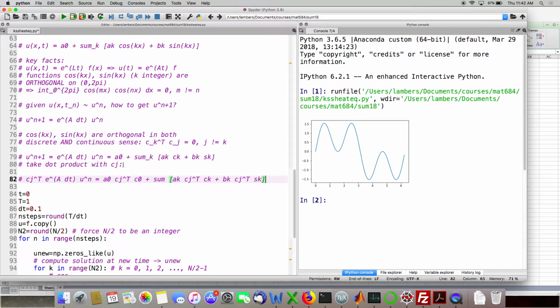And I'm going to make an assumption here, just for convenience. Assume that j is non-zero. Cj, therefore, is orthogonal to C0.